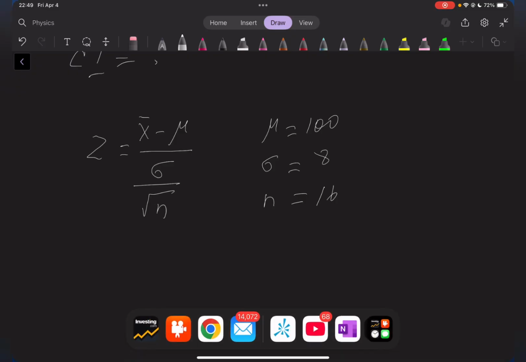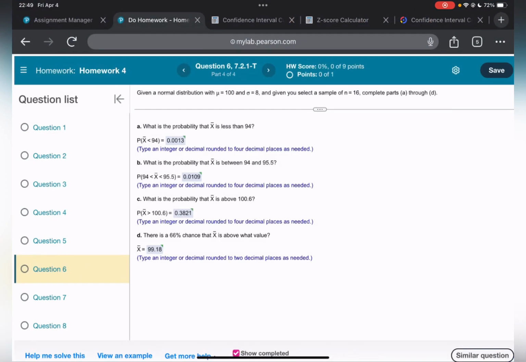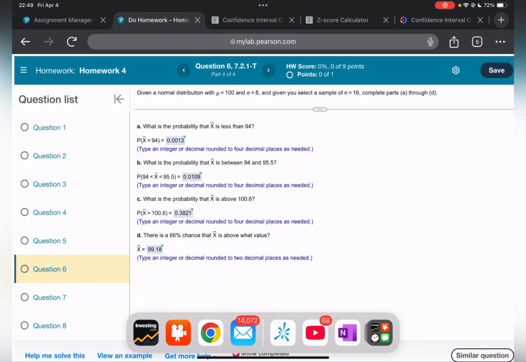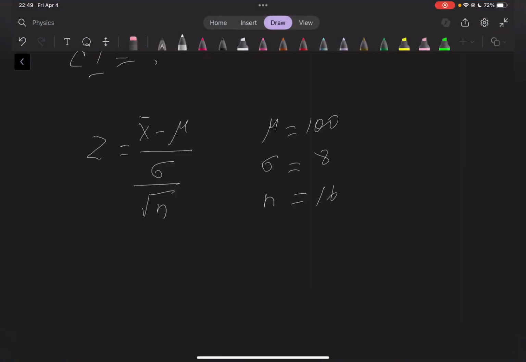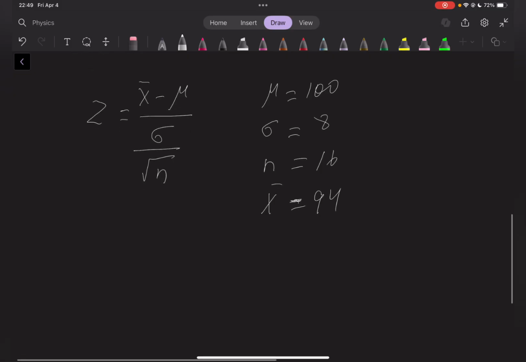So, the question: what's the probability that x bar, which is the mean of the sample, is less than 94? Our x bar is 94. Before we find the probability, we need to find the z-score first.